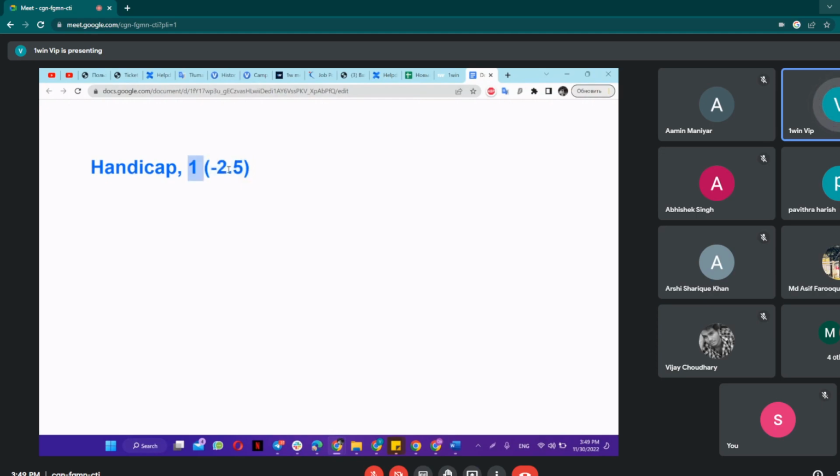So with handicap winning of the first team, we bet that the first team will win even if we take off 2.5 goals from the result of the first team. Let's suppose the match score will be 4-1. Who could tell me what is the final score?